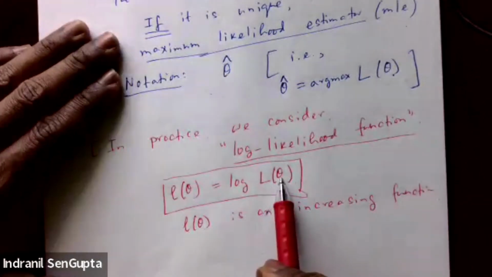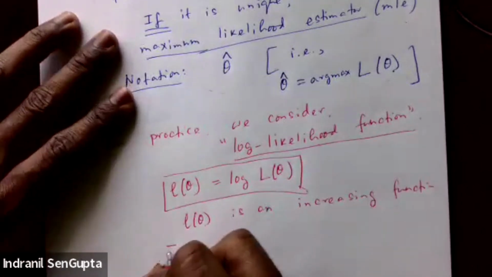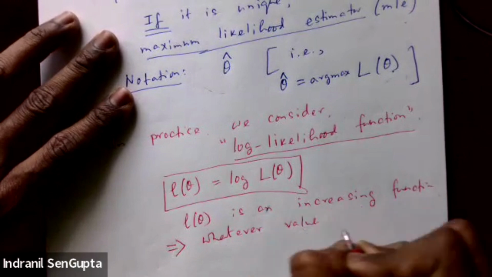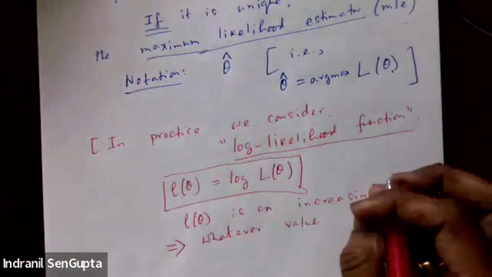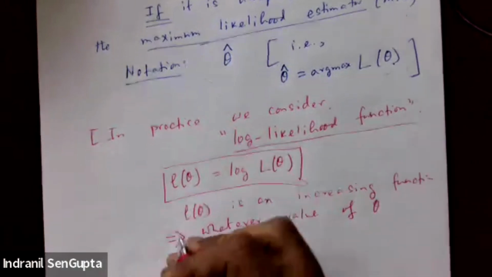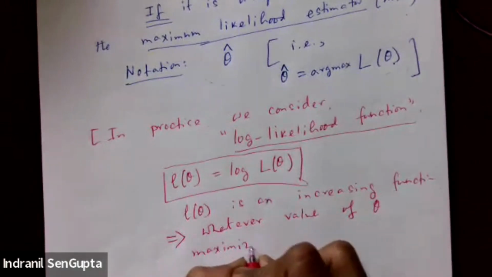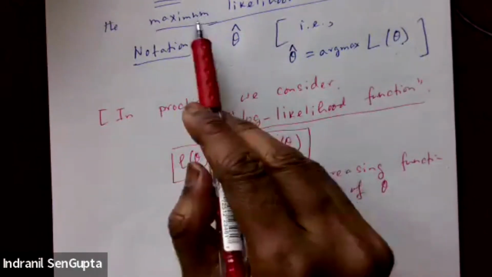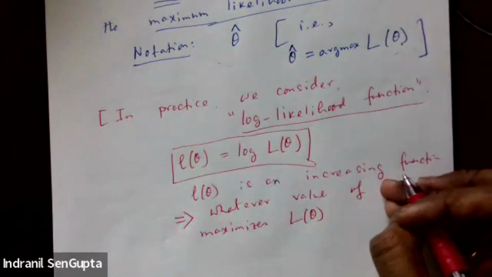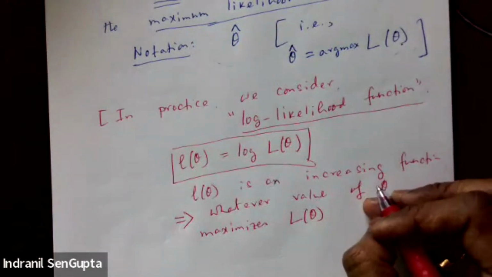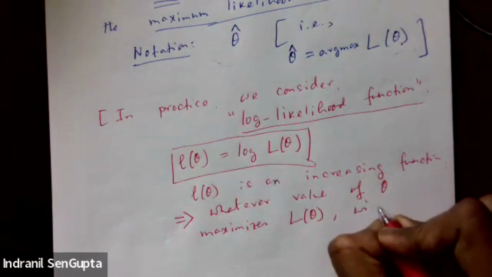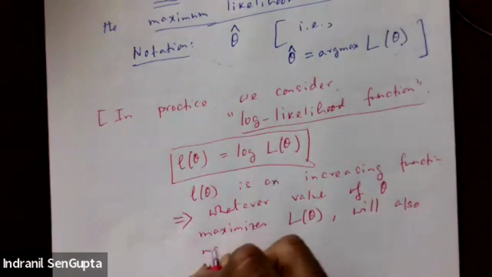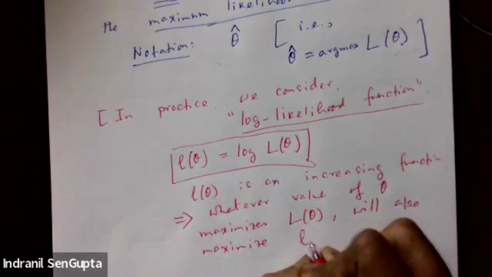Therefore, whatever value of theta maximizes the lowercase l theta, that means the quantity we're looking for, the maximum likelihood estimator, will also maximize the uppercase L theta.